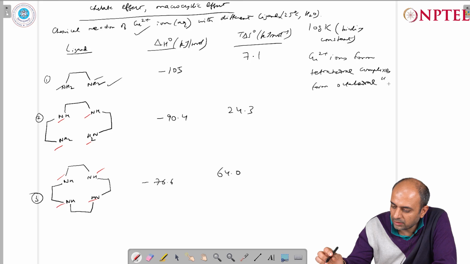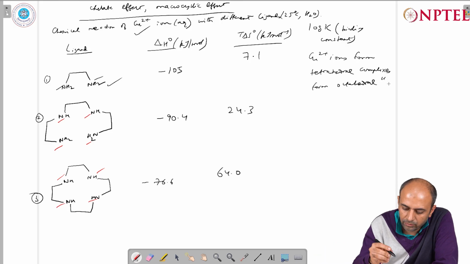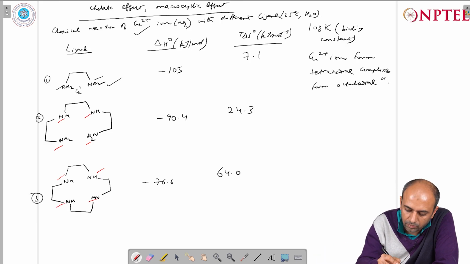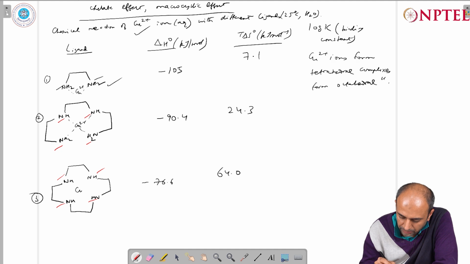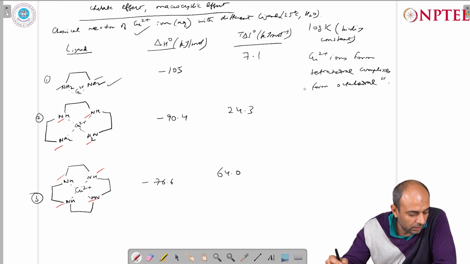So, in this case the copper ion interacts. We have the copper ion here. We have the copper ion here. So, the copper ion essentially chelates with these particular ligands, and we can now calculate the log K values.